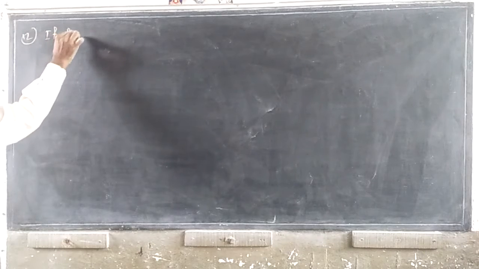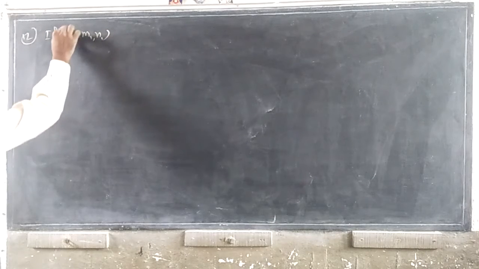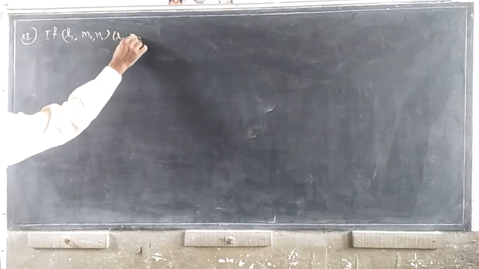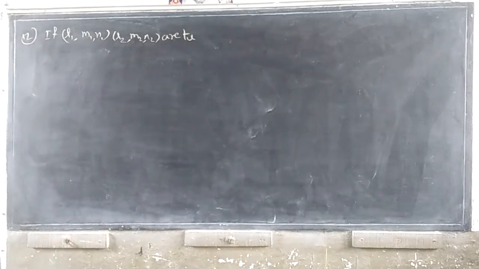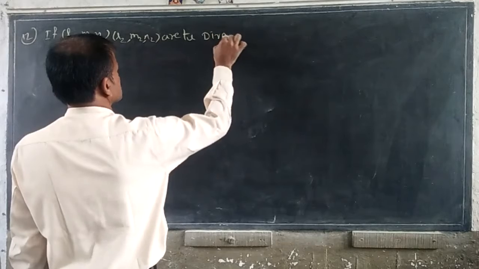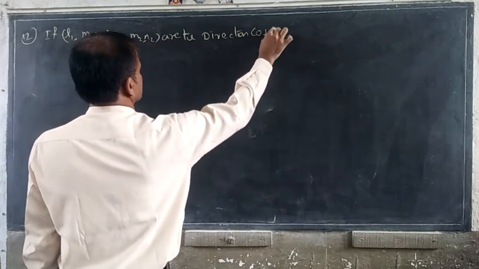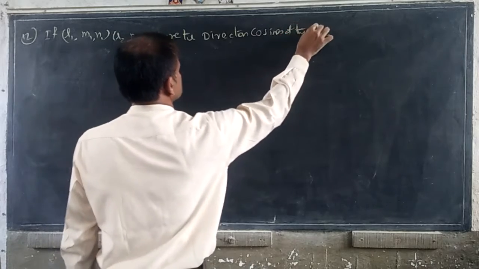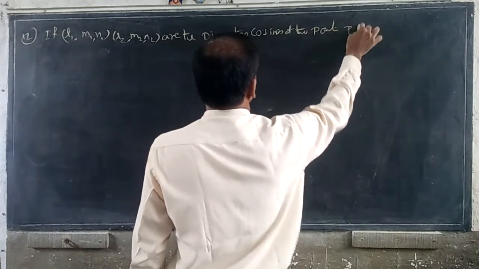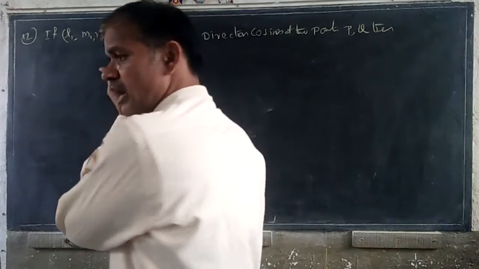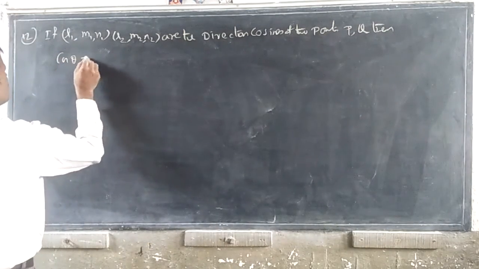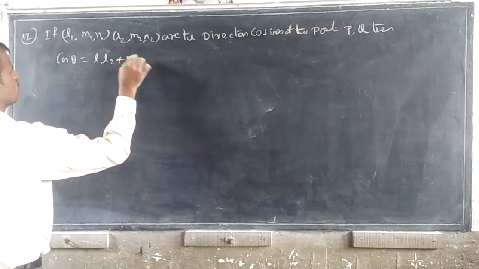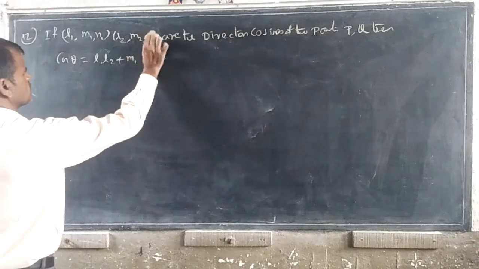If L1, M1, N1 and L2, M2, N2 are the direction cosines of two points P, Q, then we know that the angle between them is given by cos theta is equal to L1 L2 plus M1 M2 plus N1 N2.